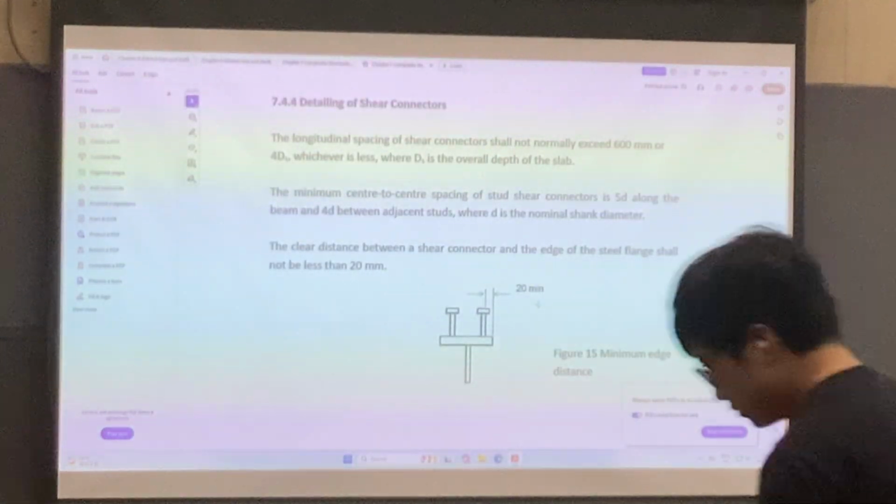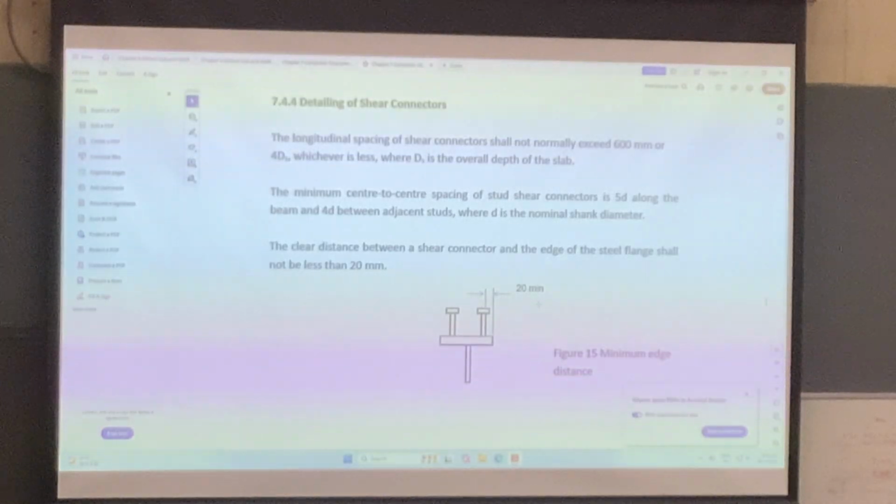Okay. Now for the shear studs here, you can see that usually the longitudinal spacing of the shear connectors does not exceed 600 mm or 4ds. That means the shear studs will be put along the steel beam.